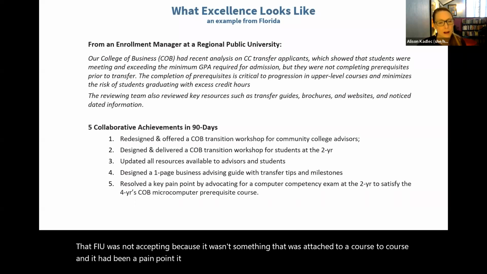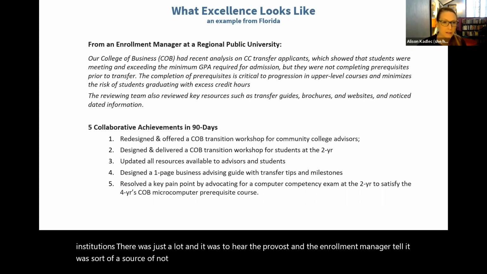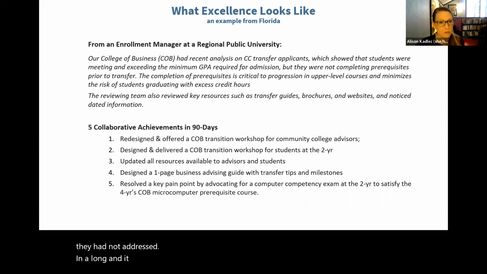It had been a source of hostile conversations between the institutions. To hear the provost and the enrollment manager tell it, it was a source of not only pain, but embarrassment on the part of both institutions, because it was clearly something that was screwing students over that they had not addressed, and it had been going on at that point for years.